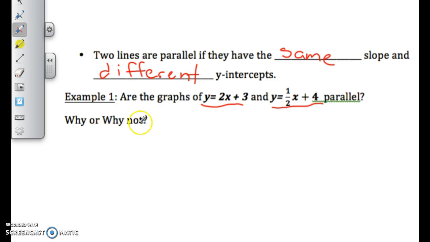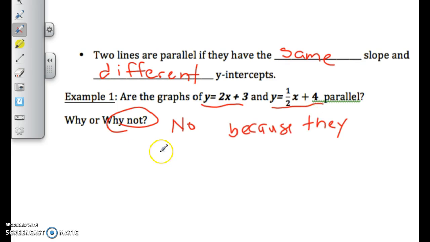And hopefully you'll say no, because they don't have the same slope. So there we go.